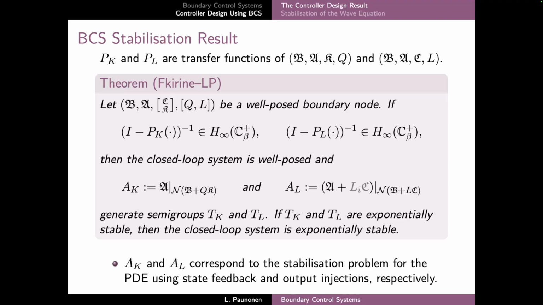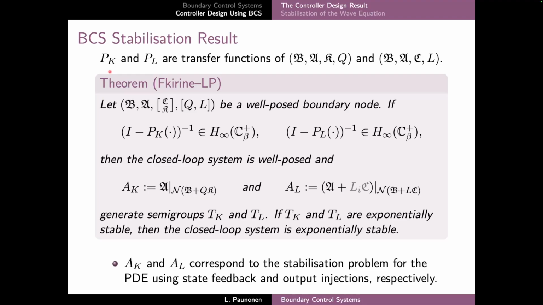In addition to achieving stability of these two systems, we want K, L and Li to satisfy a condition related to the transfer functions of two systems. In the first one, we replace the original output operator with the state feedback gain to arrive at the transfer function PK.